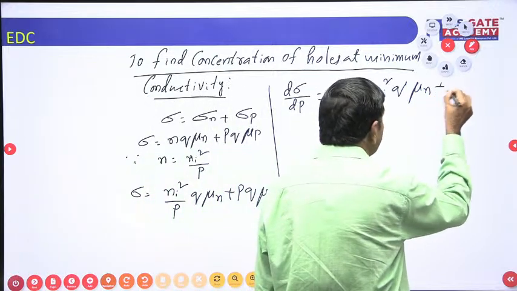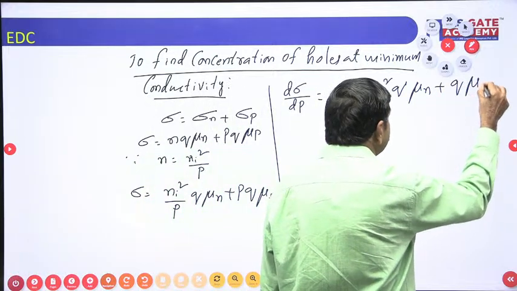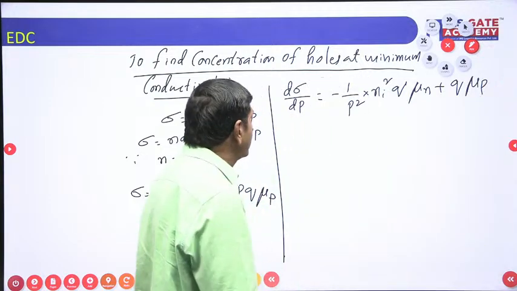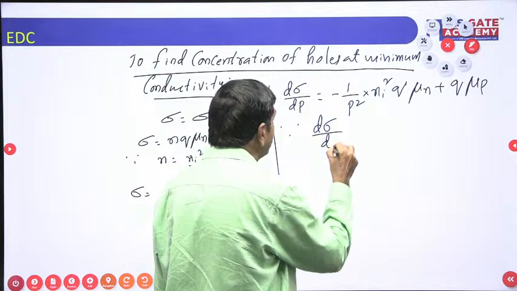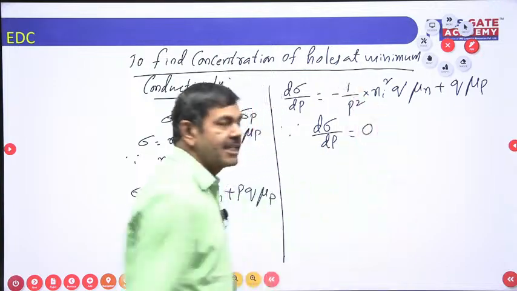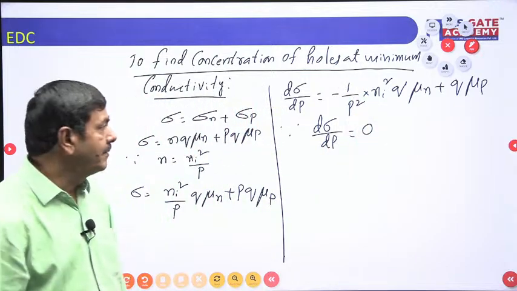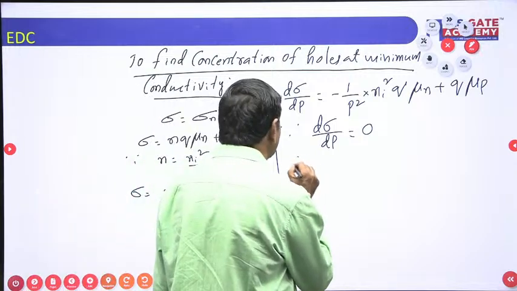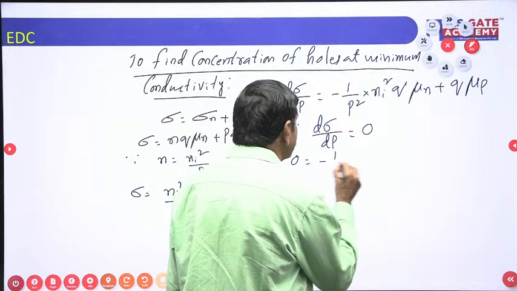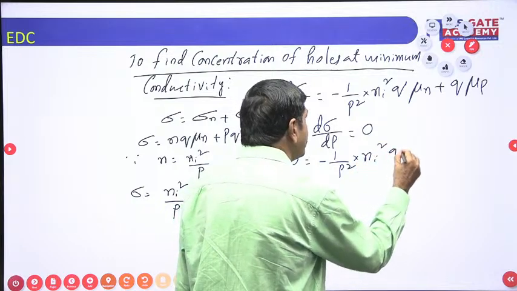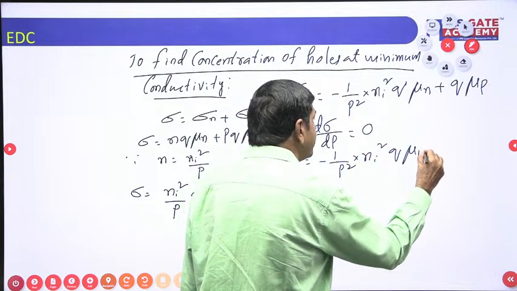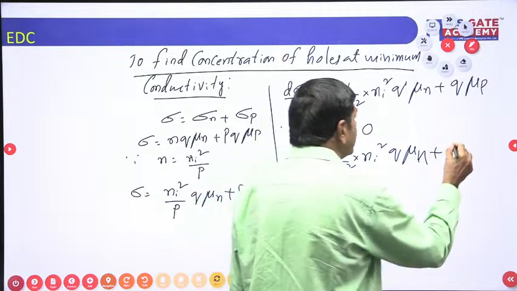According to maximum and minimum, d sigma by dp equals 0. If equated to 0, I get minus 1 by p square into ni square into q into mu n plus q into mu p.